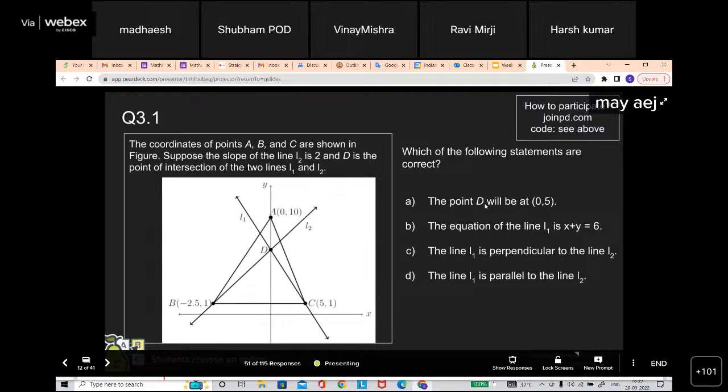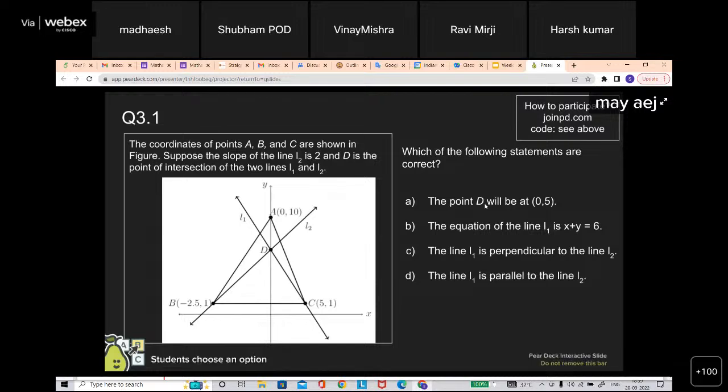Calculate that point, find the equation of line L1, L2, then decide whether they are going to be parallel or perpendicular.